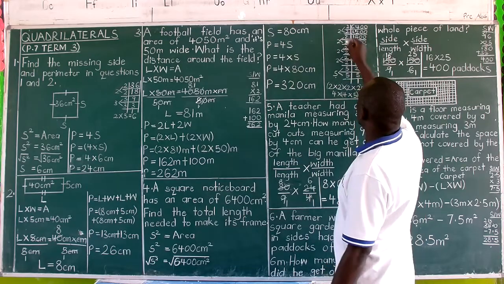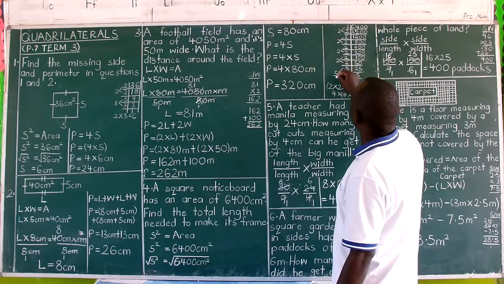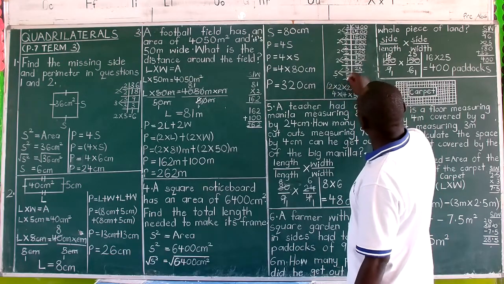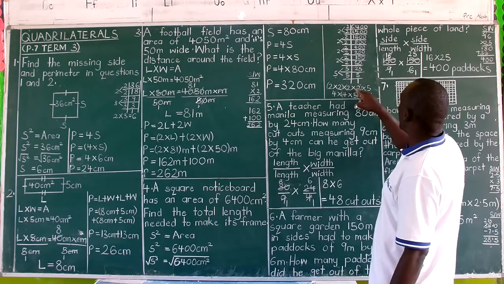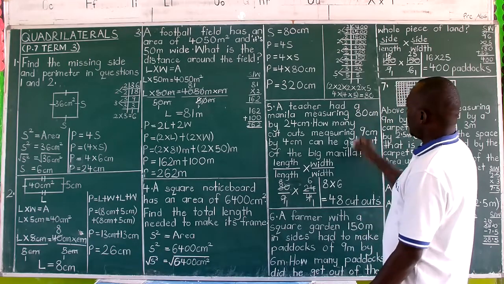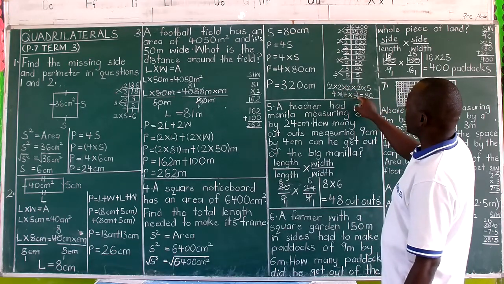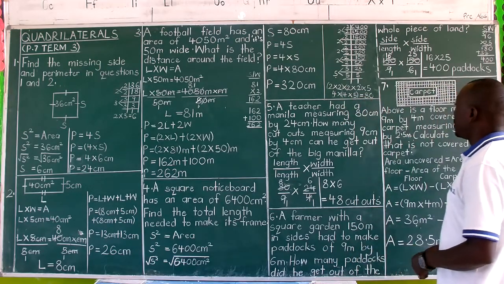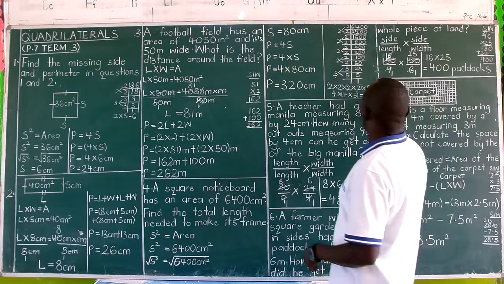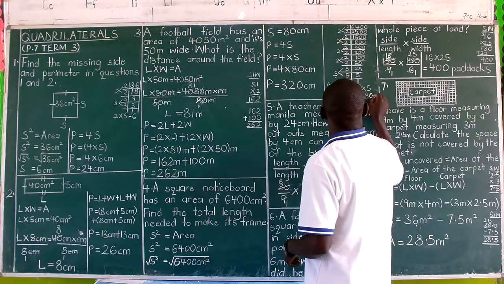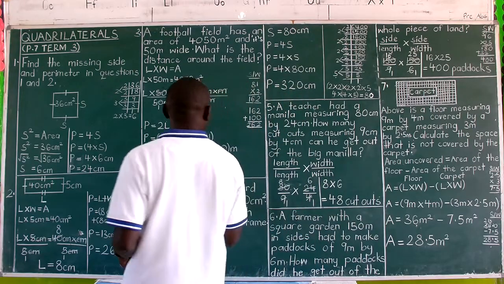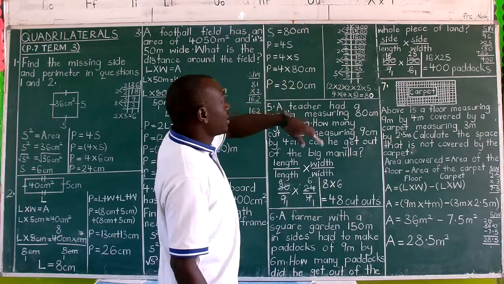Multiply those roots: 2 times 2 times 2 times 2 times 5. In brackets, this is a 4 and this is a 4, then times 5. Then 4 times 5 is 20. Now 20 times 4, you get 80. So each side of the square is 80 centimeters. The side of the square notice board is 80 centimeters.